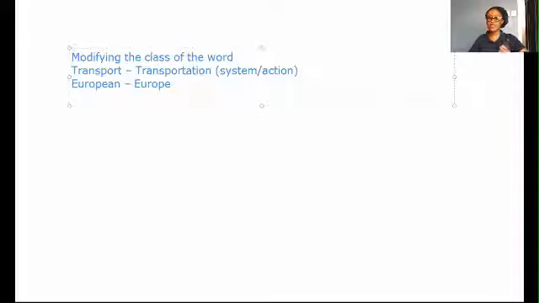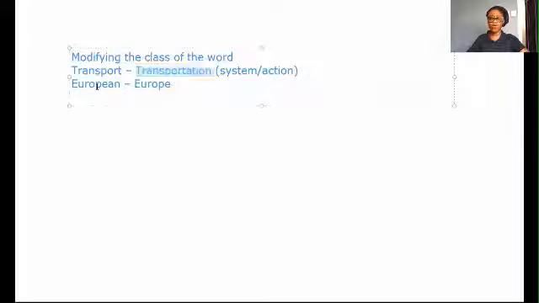So transport as used in this particular description is a noun. You want to paraphrase this noun. You can stay within the same class of noun, but use a different form. So you use the word transportation as the paraphrase version of transport. And it's acceptable if you're looking at writing your introduction.